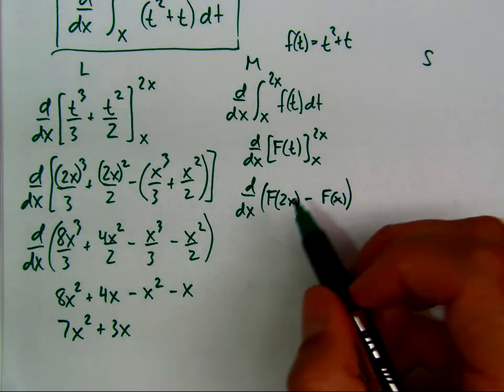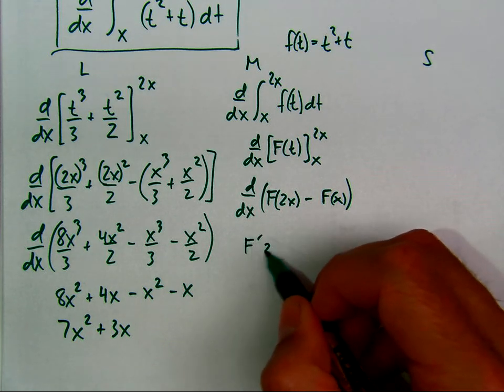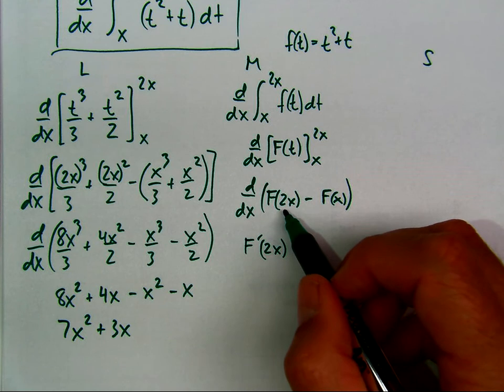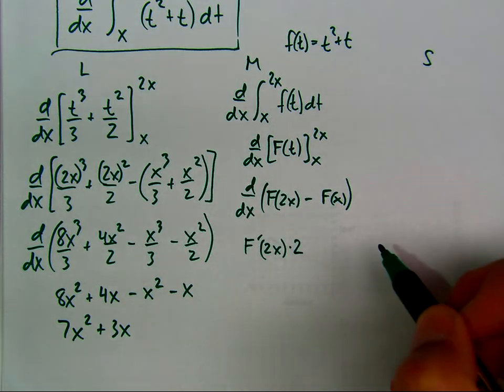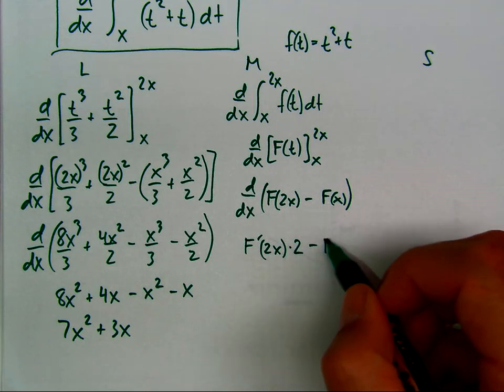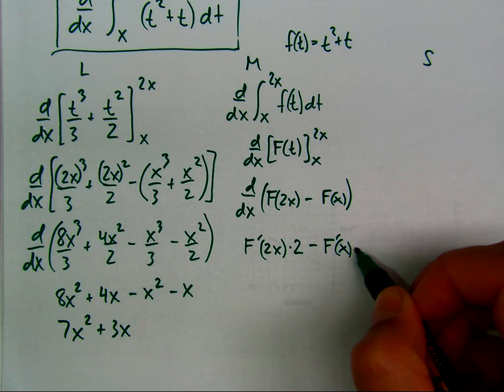Then when we do the derivative, we'll have capital F prime of 2x, but that's a composite function. We have the outside and the inside. We need the chain rule, so we're going to multiply by the derivative of 2x. And over here we have F prime of x. We could do the chain rule, but it's just going to be times 1.